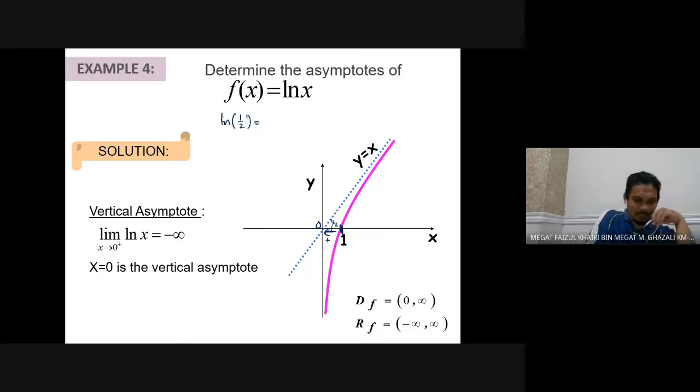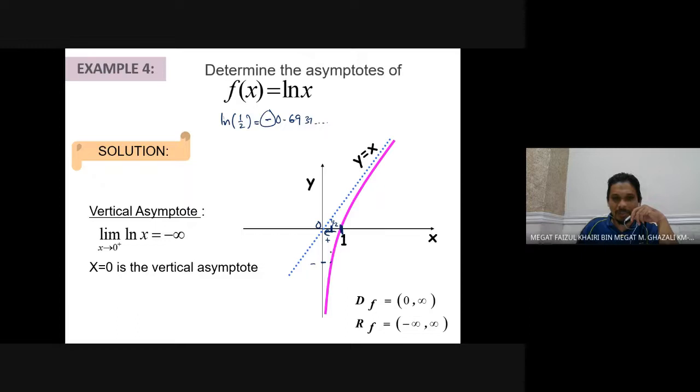You may just get it from your calculator. Natural log of 1 over 2 gives us negative 0.6931. Okay, the value is negative. When x equals half, the value of y is negative.